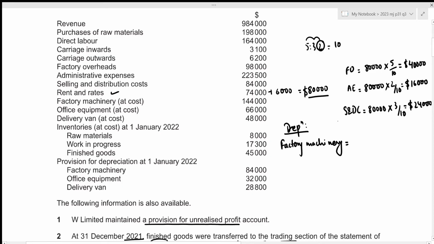And the net book value is just the difference between cost and our provision for depreciation. So we're given the cost for factory machinery to be 144,000, and the provision for depreciation, which is the accumulated depreciation, is 84,000. So our net book value is just going to be 144,000 minus 84,000, and the rate is just 15%. And this gives the depreciation on factory machinery to have the value of 9,000.